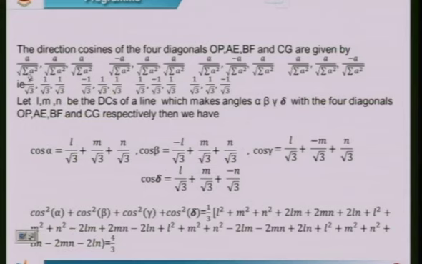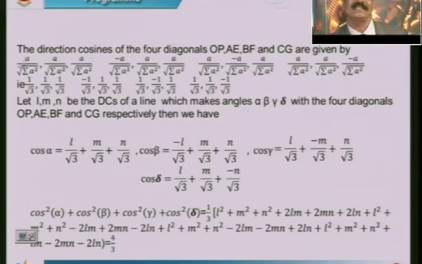This sigma a squared is a squared plus a squared plus a squared, because a, b, c are all nothing but a. So it is 3a squared, root of 3a squared, a cancels, and you get 1 by root 3, 1 by root 3, 1 by root 3. These are the direction cosines of OP.